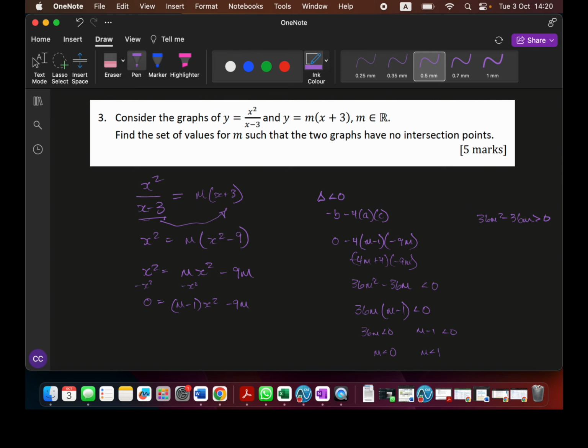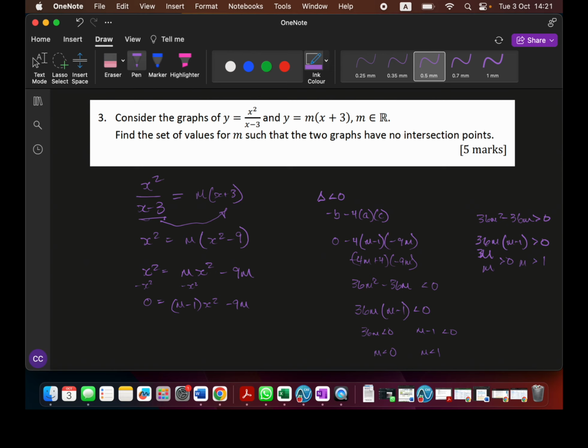What that would give me would be 36m times (m minus 1) is greater than 0. So I'd get m has to be greater than 0 in association with m has to be greater than 1.